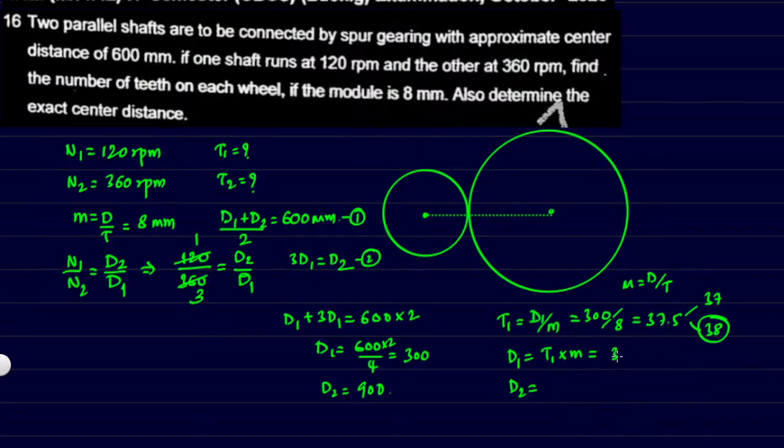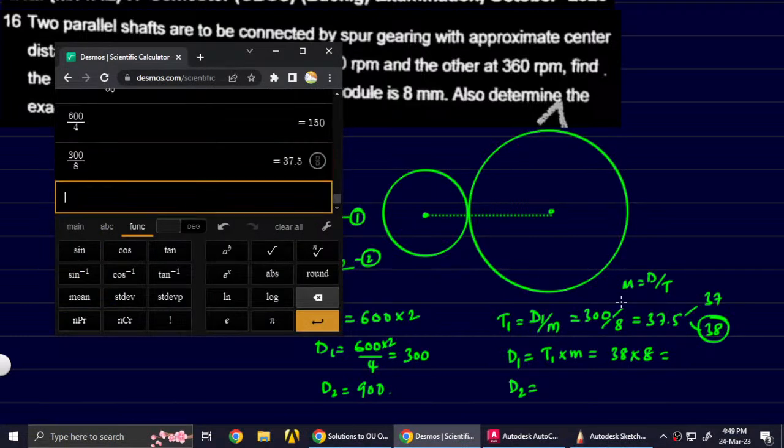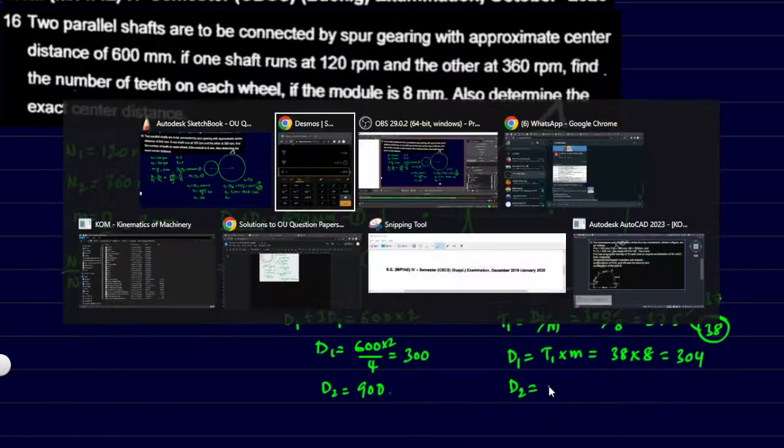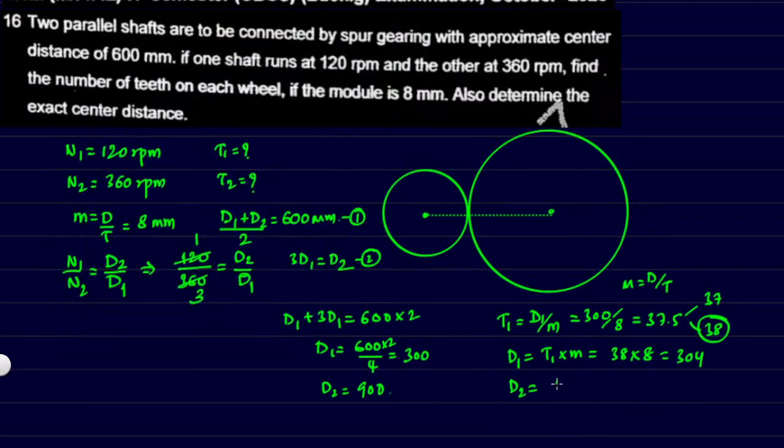So 38 times the module, 38 times 8, is 304, and the diameter D2, that is 3 times, is 912 mm.